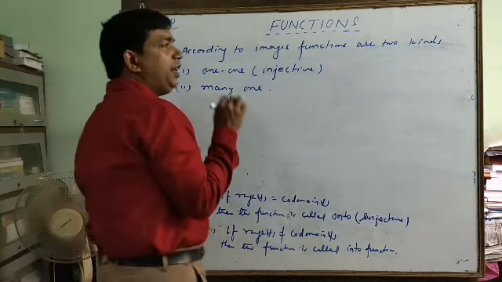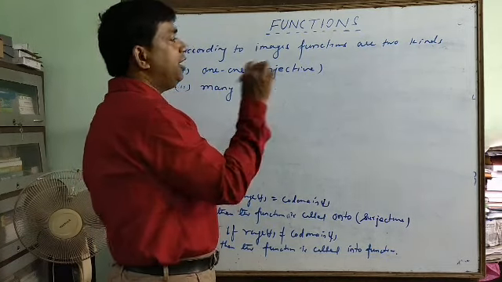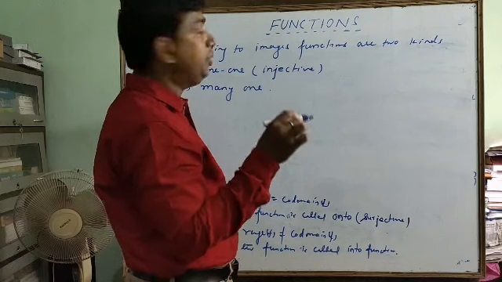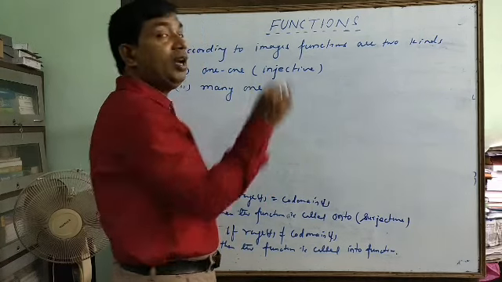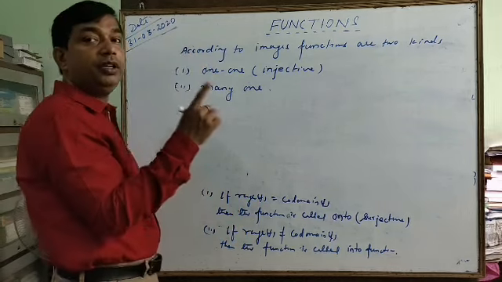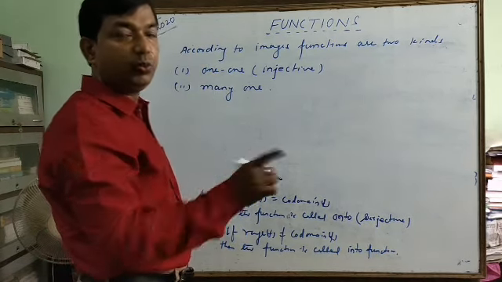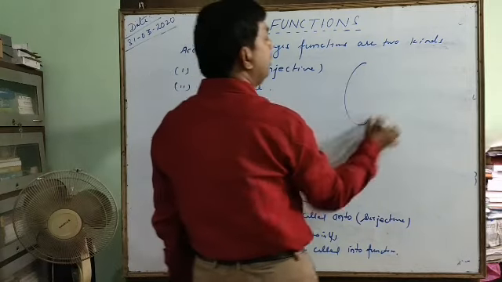So one-one means what? One-one means every element of A is uniquely associated with an element of B, means 1-to-1 correspondence, means every boyfriend having only one girlfriend, 1-to-1 correspondence.